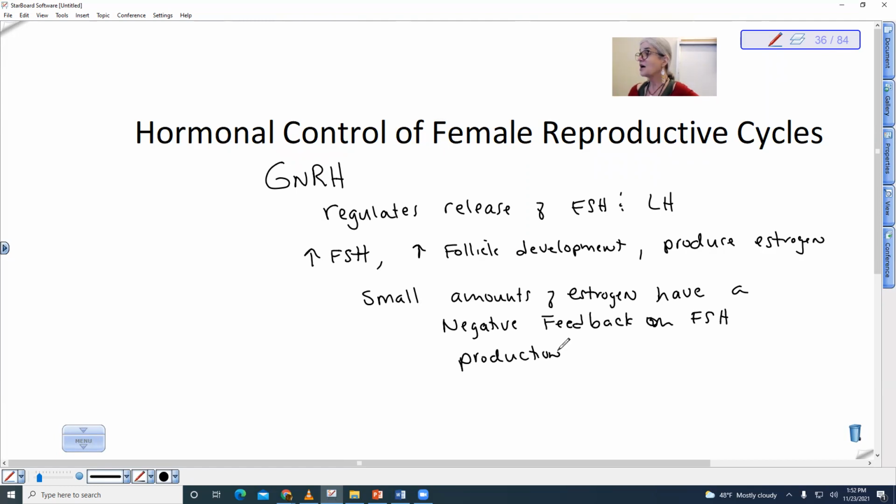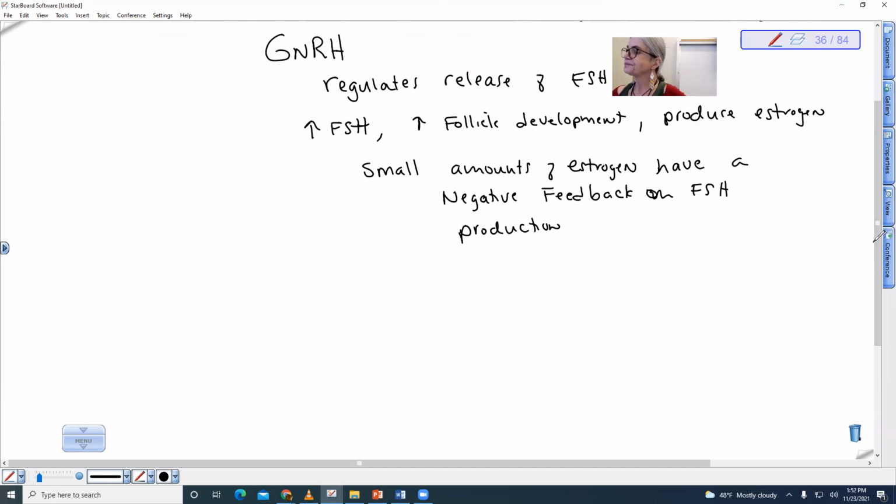Okay. Now this changes when the follicle gets ready to be ovulated. So there is a, and this actually also has a negative feedback on LH production. So we'll talk about that in a minute.